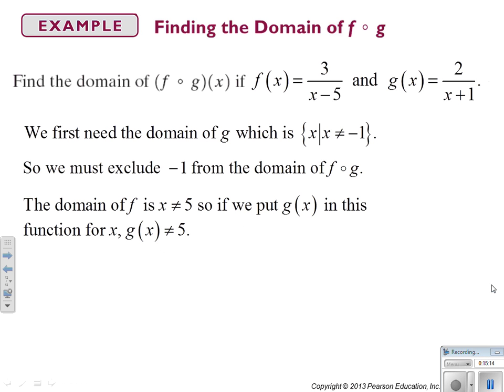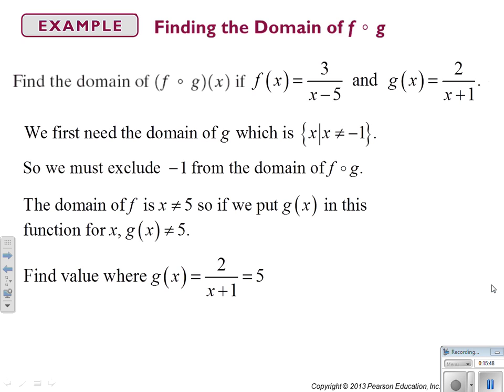The domain of f is x not equal to 5, because when we plug 5 in, you get 0 in the denominator of f. So if we put g of x in this function, g of x cannot equal 5. So we find where g of x is equal to 5: 2 over x plus 1 equals 5.